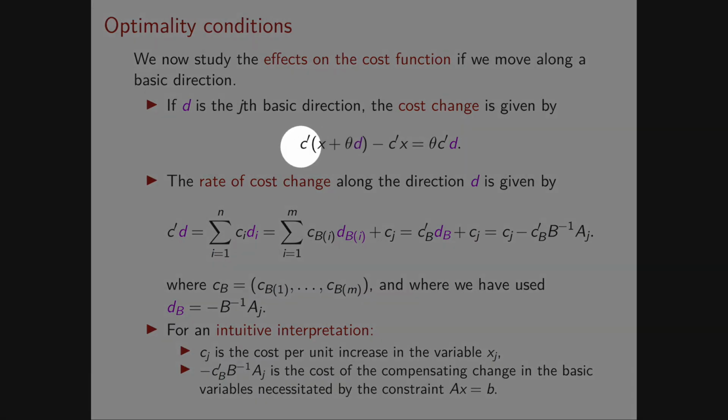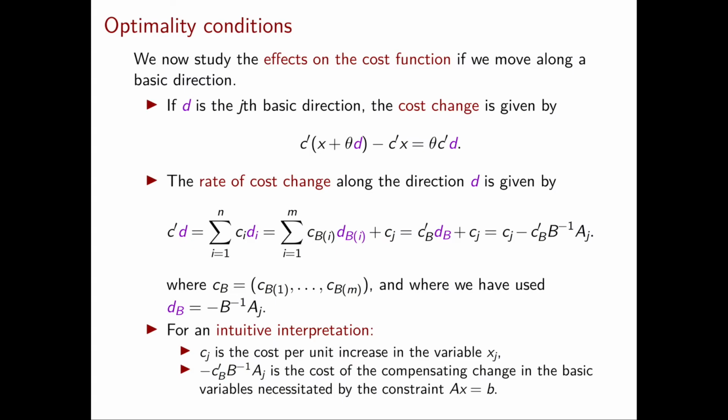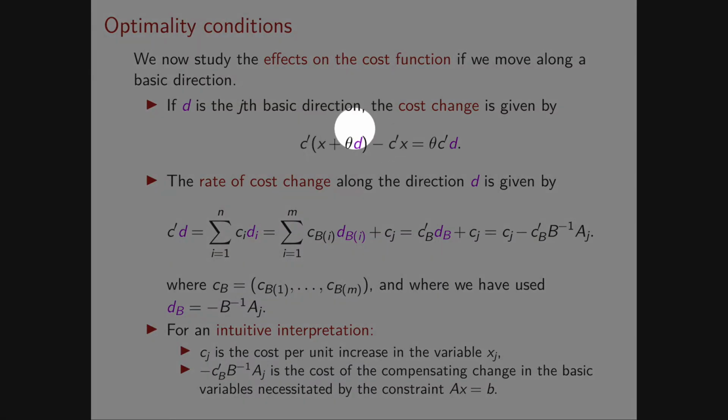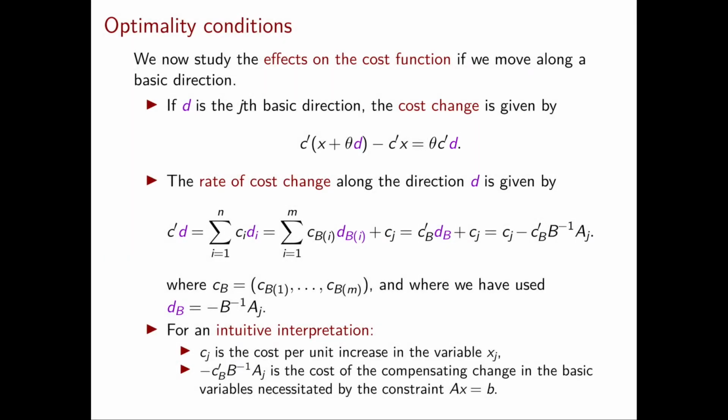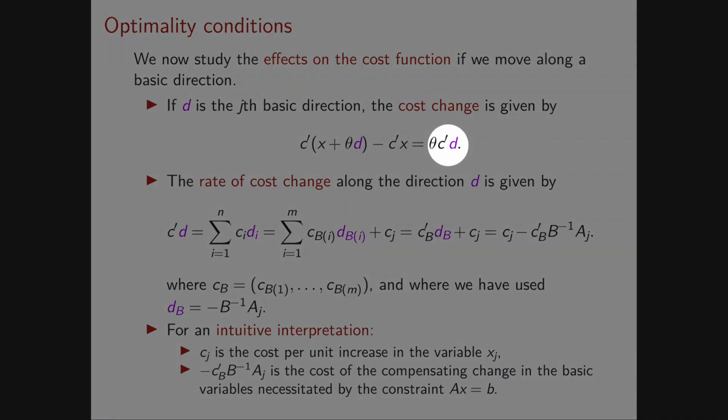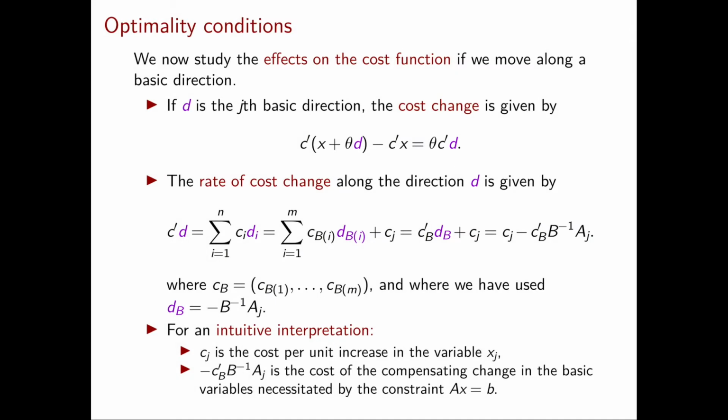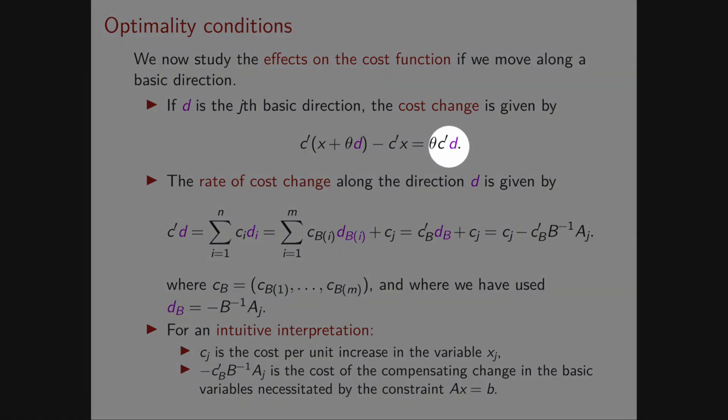Algebraically, this is C transpose (x plus theta d) minus C transpose x. Of course, C transpose x simplifies and we're left with theta C transpose d. So this means that the cost changes linearly with theta. The more we move in the direction d, the more the cost will change.